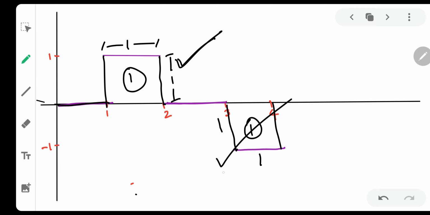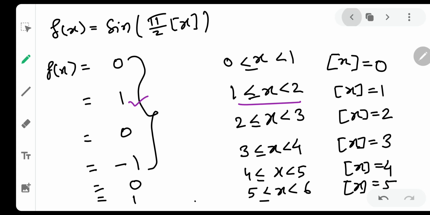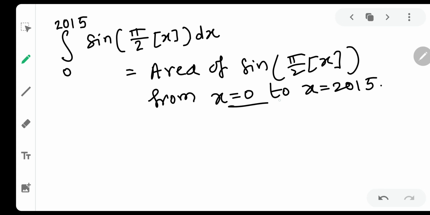So this positive area and this negative area will cancel, and from 0 to 4, your answer would be what? 0, because integration would be plus 1 minus 1, which is 0, right? So this cycle of 4 will always have area 0, and we needed to integrate from 0 to 2015.